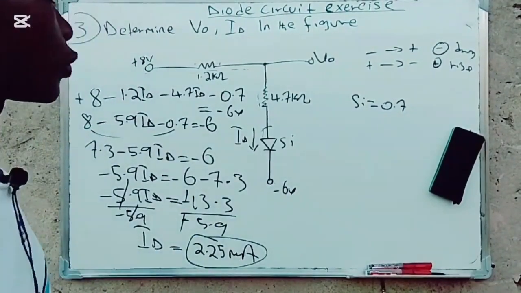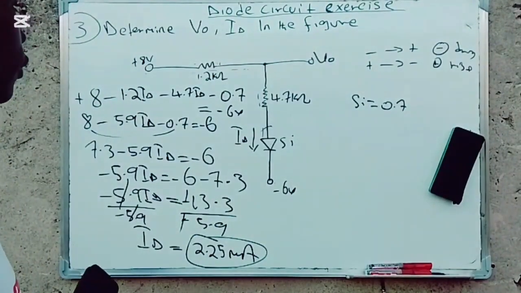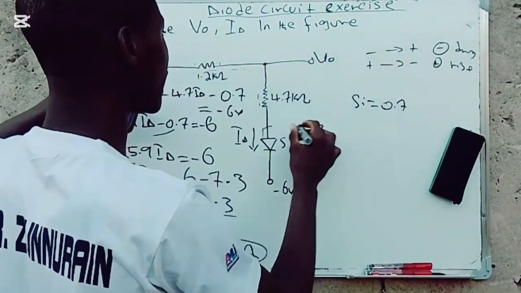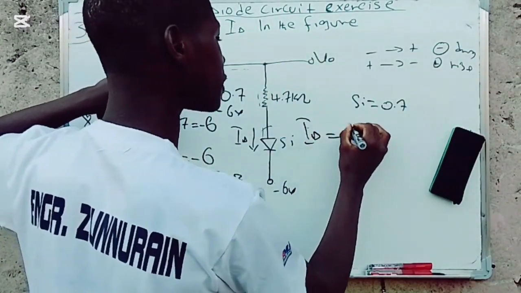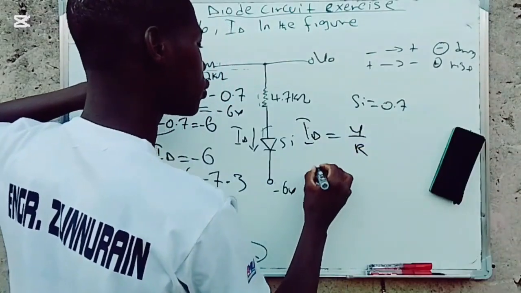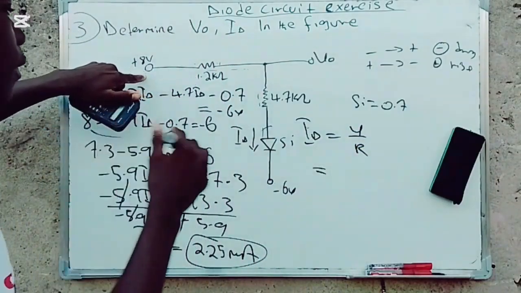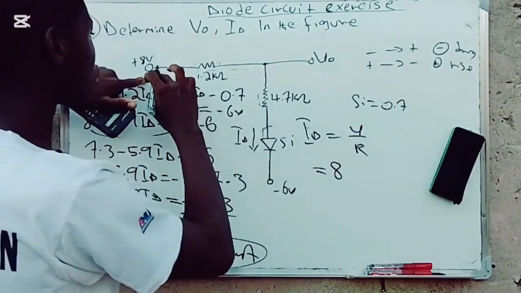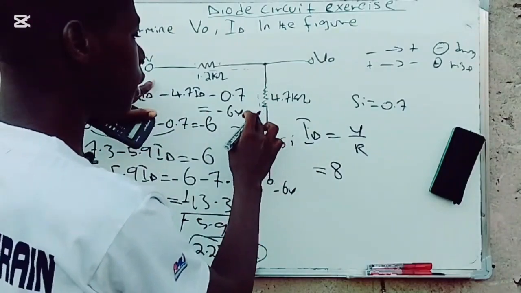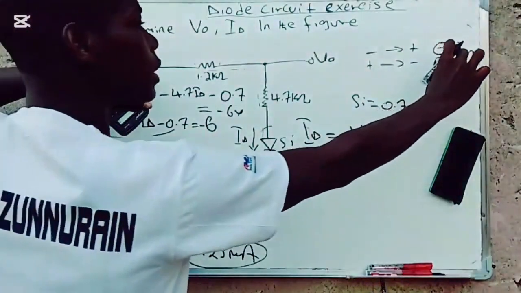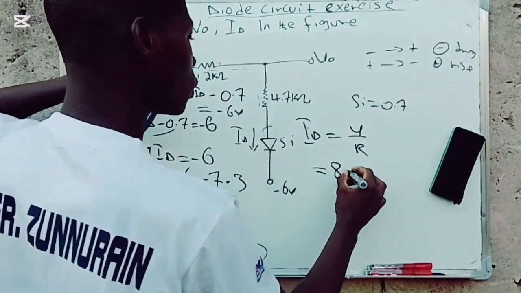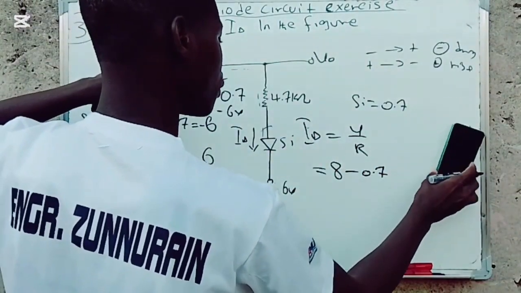Now, if I am to use the next method, what should I do? I say that ID is equal to V by R. How much voltage do I have? I have this 8 volts, which is rising, and this will drop at 0.7.